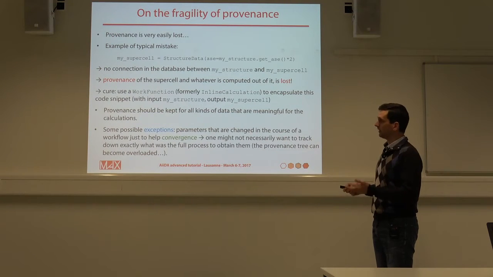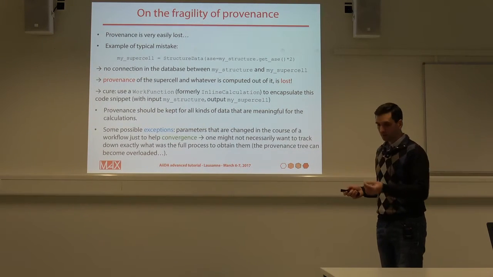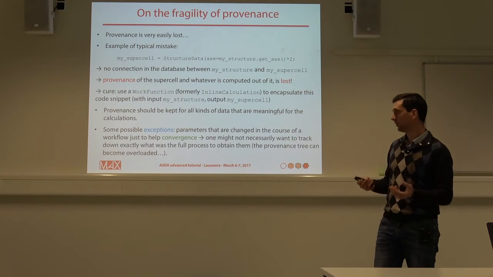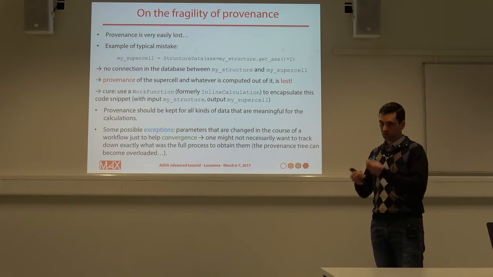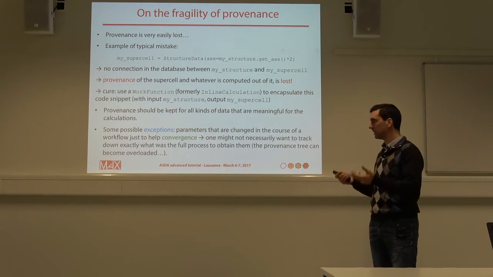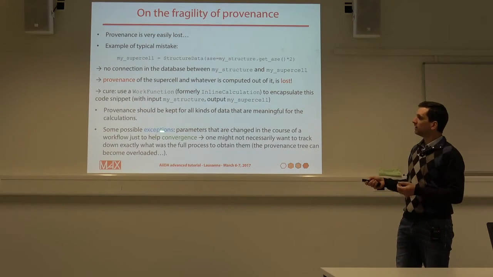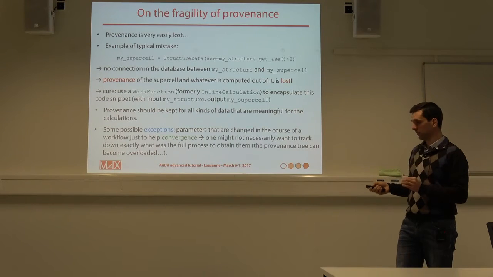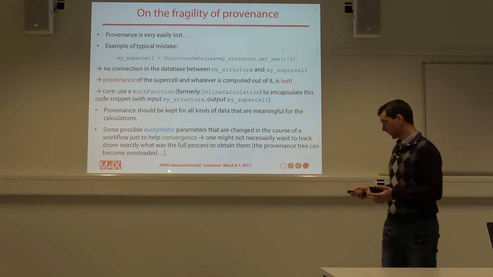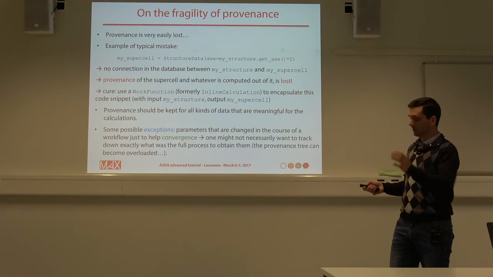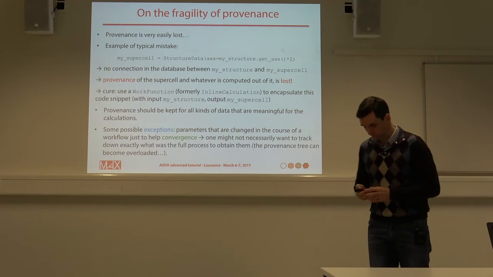So for example, when you have some input parameters that don't really have an effect on the final result, for instance, convergence parameters, stuff that is helping convergence like the beta mixing or whatever, it's arguable if you really need to include them in the provenance or not. You may not. It's not a religion, provenance. You still have some possibility to play with it.